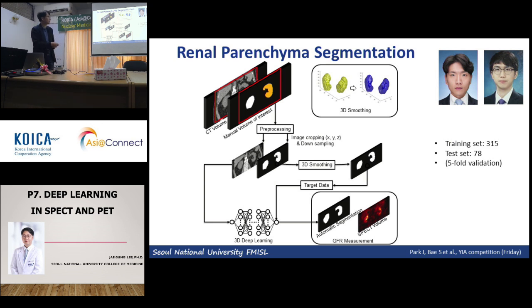Among more than 400 data, about 355 were used for training this network, and about 40 to evaluate it. We randomly shuffled the data and did five-fold validation to see whether this training was robust.